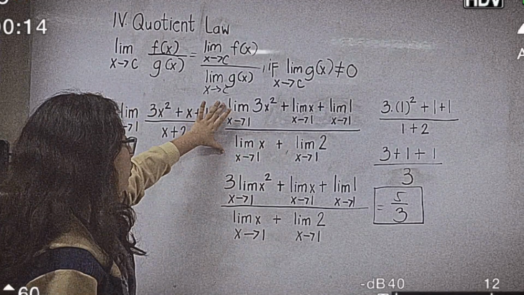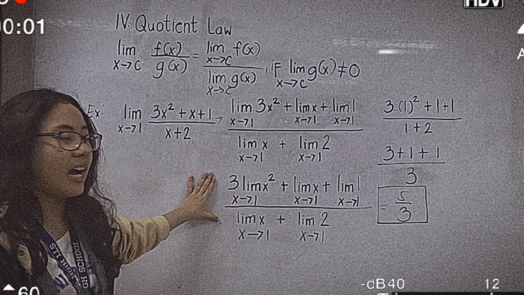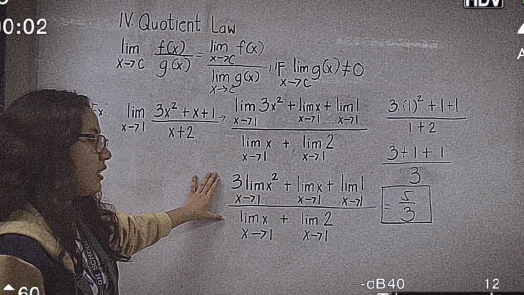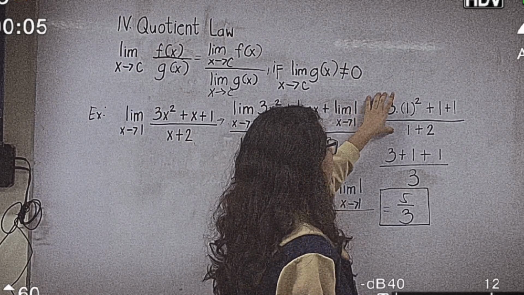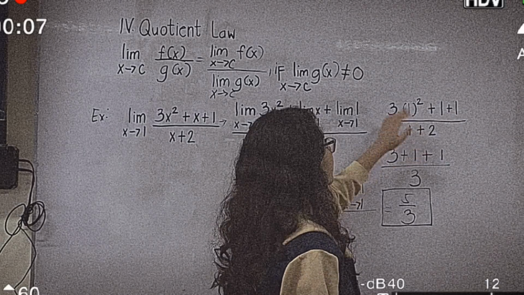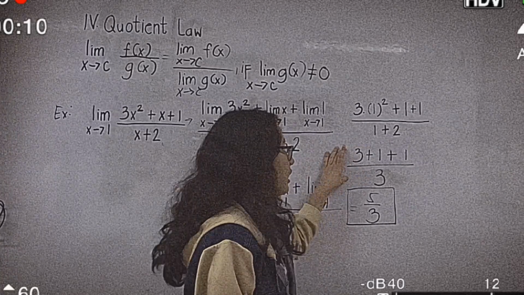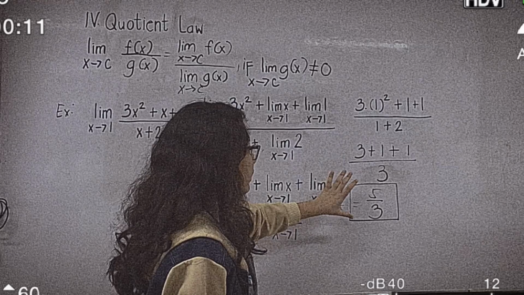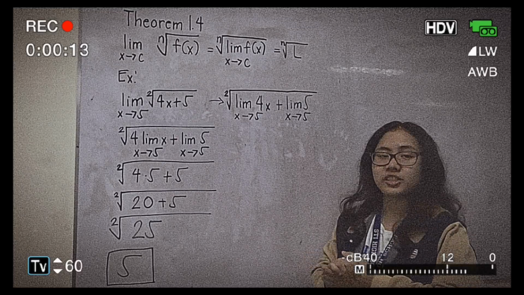Apply constant law to this term. It will become like this. And after that, all we have to do is substitute. 3 times 1 squared plus 1 plus 1 over 1 plus 2. Simplify. It will become 3 plus 1 plus 1 over 3. Add. It will equal 5 over 3. We are finally done with Theorem 1.3.